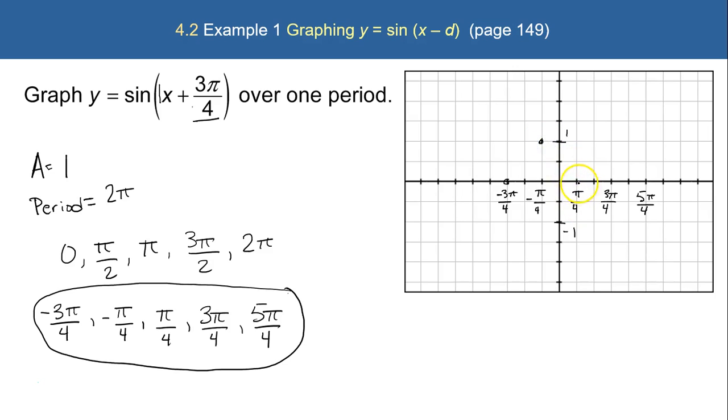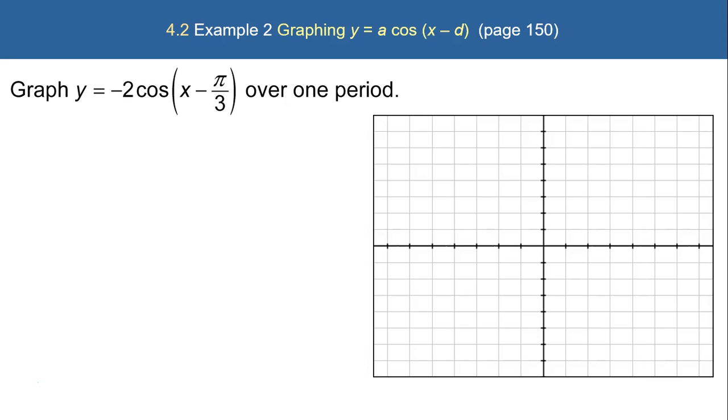So there is that value. Then again, plugging in pi over 4 into x, we get 0, 3 pi over 4, get negative 1, and then 5 pi over 4, we get 0 again. And let's put together that curve.